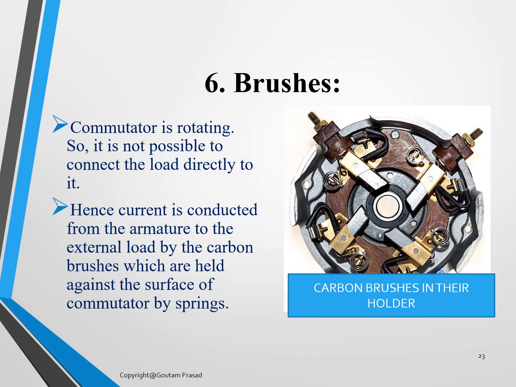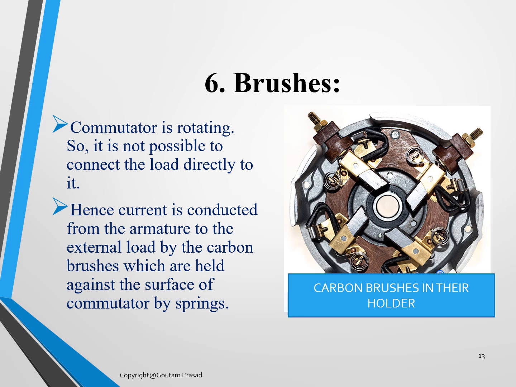Now here you can see the brushes on the screen, and the brushes are placed in the brush holder, and they are pushed through spring pressure so that they rest with pressure on the surface of the commutator, and the current conduction takes place smoothly.